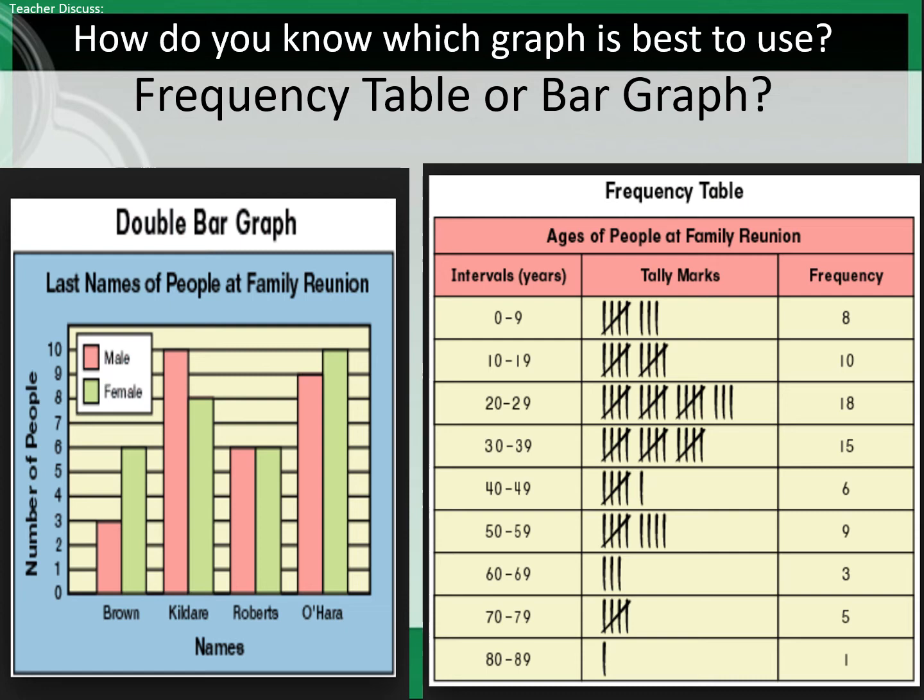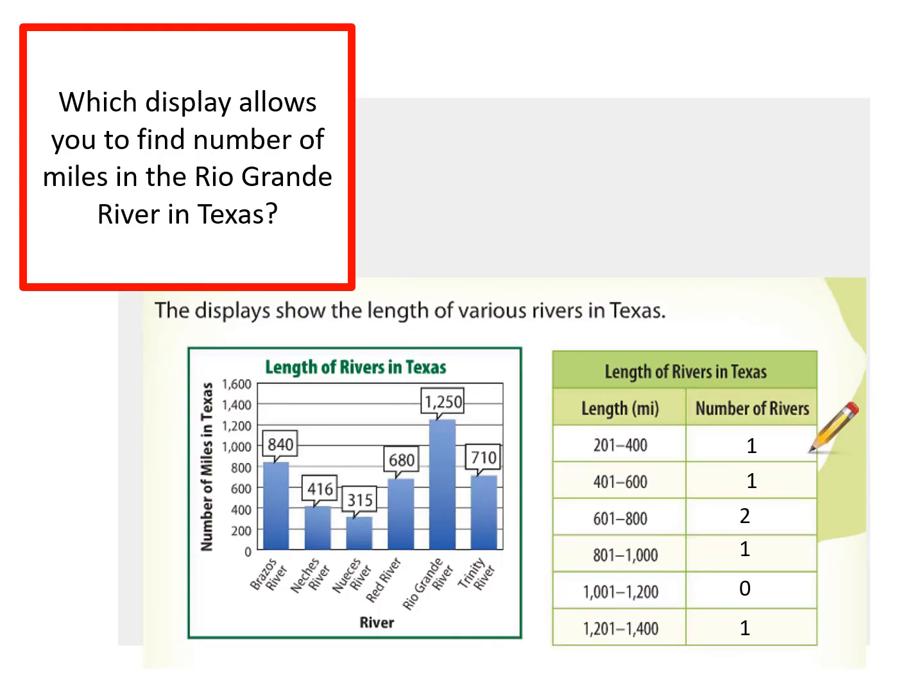So I like to say if you're counting how many times something happens, you want to use a frequency table. If you're counting how much of something there is, you want to use a bar graph. Okay? Let's think about that. Which display allows you to find the number of miles in the Rio Grande River in Texas? So am I counting how many times something happens or how much I have of something? In this case, I'm counting how much I have of something.